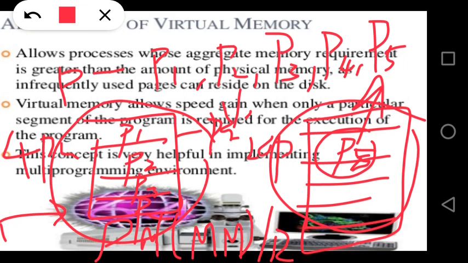This situation, when the processor issues an address that belongs to a page which is not present in the physical memory, is called page fault. It's very important to remember this word, page fault.